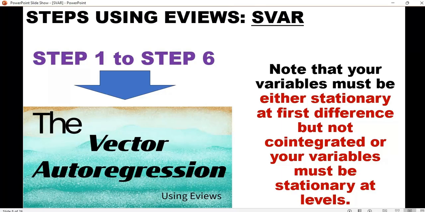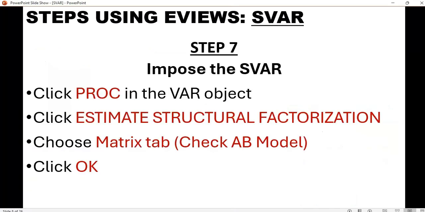For the SVAR with short-run restrictions, please don't forget, your variables must be either stationary at first difference but not co-integrated, or stationary at levels. Having done the first to sixth steps through that video, the seventh step is to impose the SVAR.